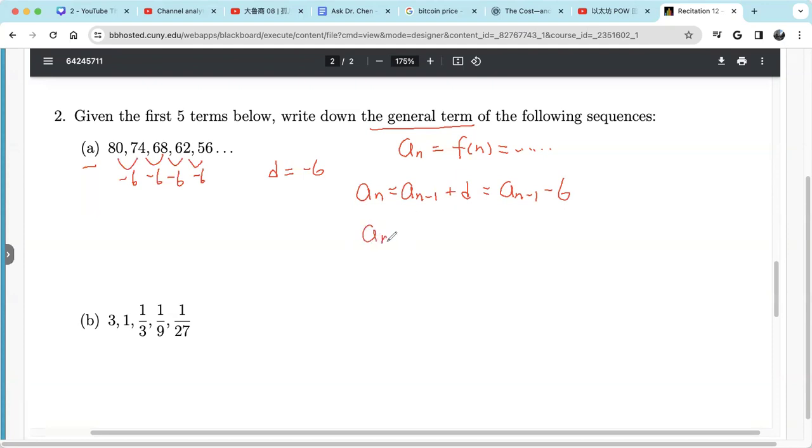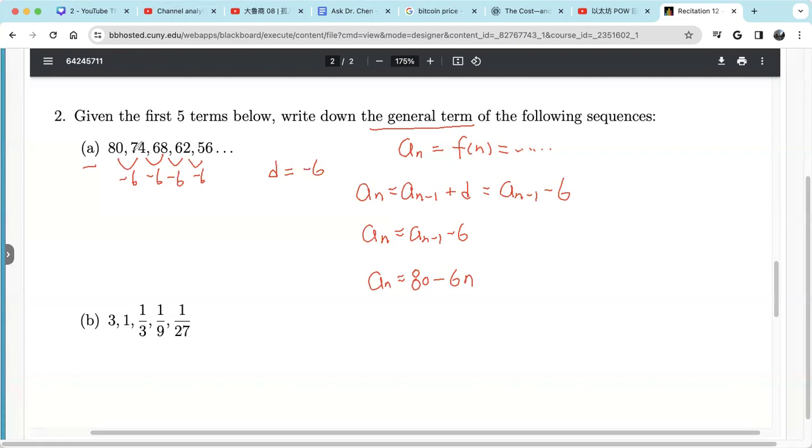So an equals an minus 1 minus 6. We need to figure out an minus 1 because we want to represent this in terms of n. So we see we start with 80, right? So that means an can be written as 80 minus 6n.